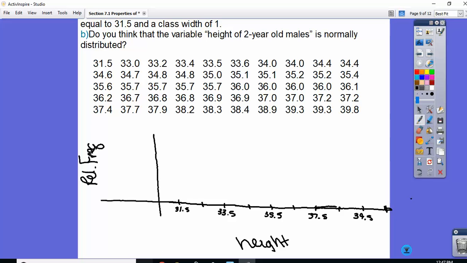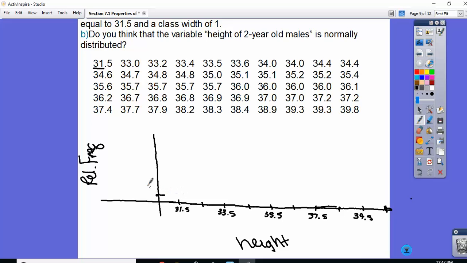Okay, so I told you there were 50 points here. So this first rectangle that I would draw would be all the data that's between 31.5 and 32.5. So that would just be 1. Okay, let's divide that. Out of how many total points do we have? 50. So to find your probability, you'd have to do 1 out of 50, so that's 0.02.